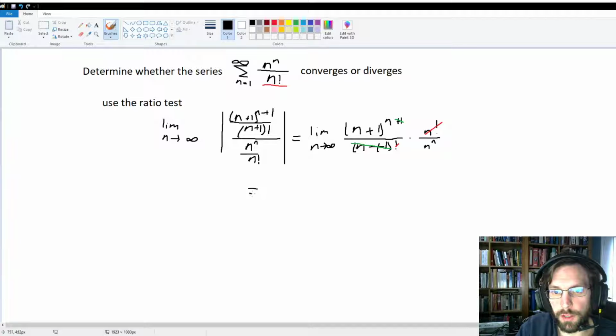So what we're left with is the limit as n goes to infinity of n plus 1 over n, all to the n. I'm going to write this in a slightly different form.